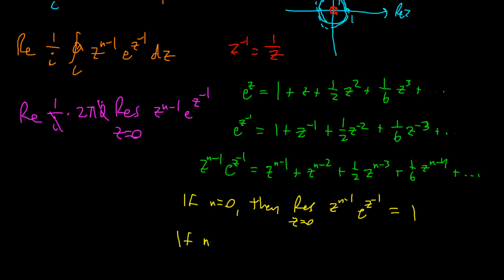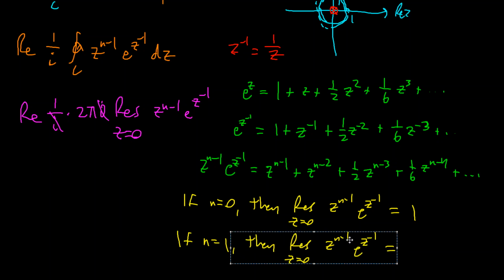If n equals 1, then this is the term that is z to the power of negative 1, and its coefficient is 1.